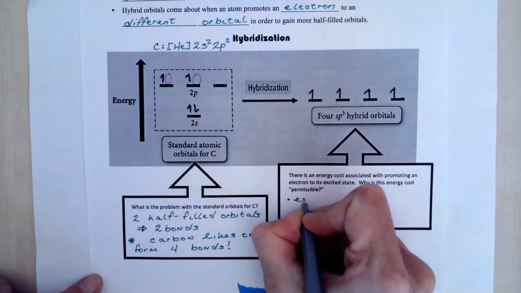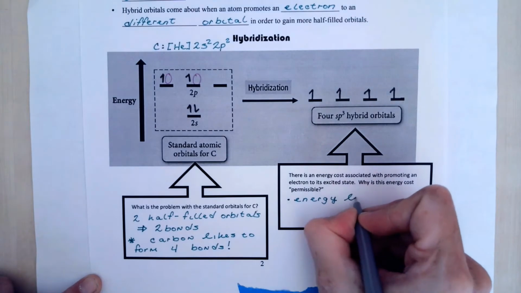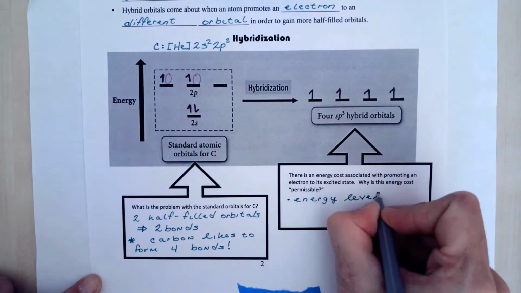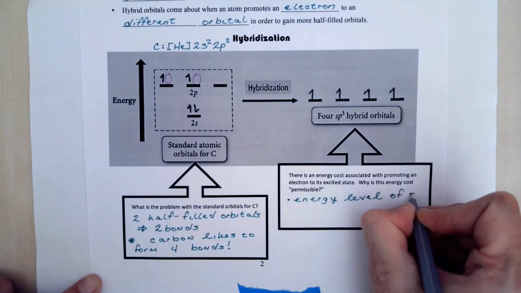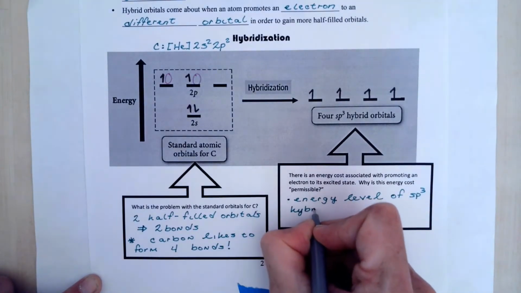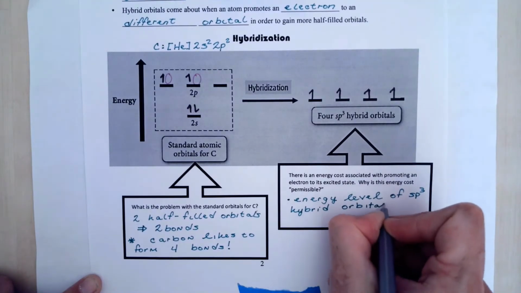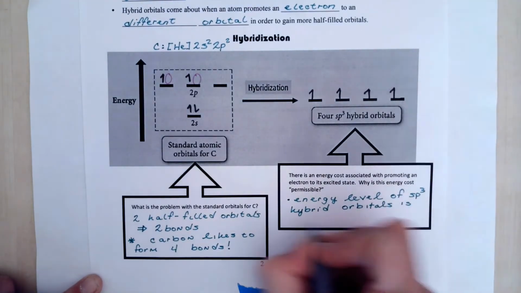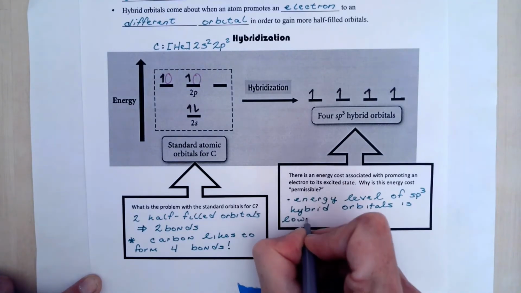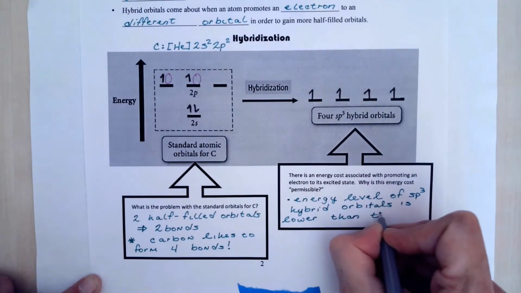The energy level of the sp cubed hybrid orbitals is lower than the 2p orbitals.